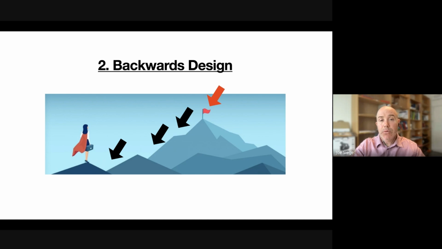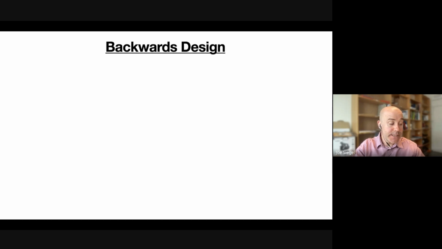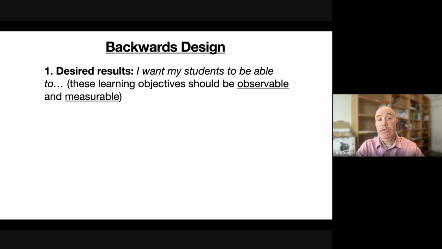We can use backward design to articulate our desired results. So you might think to yourself, in my subject, I want my students to be able to, and then you'd fill in that blank after to.